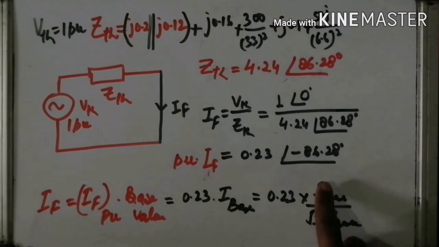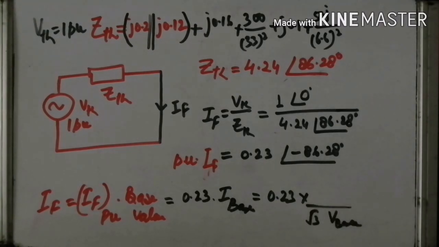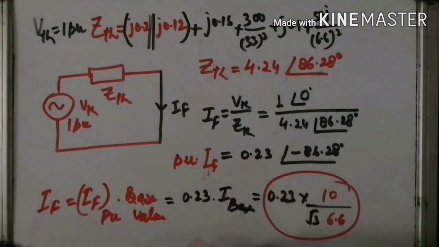The value of S base, it is 10, and V base, it is 6.6. After the calculation, fault current, actual value of fault current is 201.9 ampere. Actual value of fault current in the given circuit is 201.9 ampere.